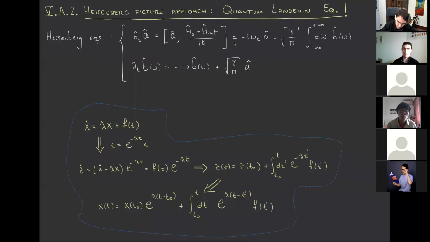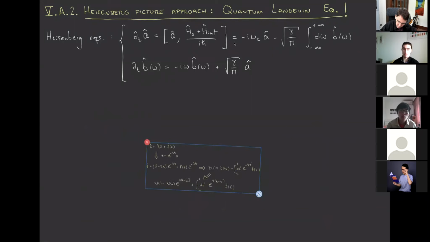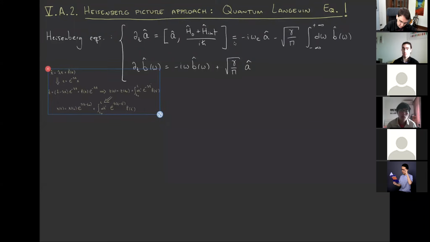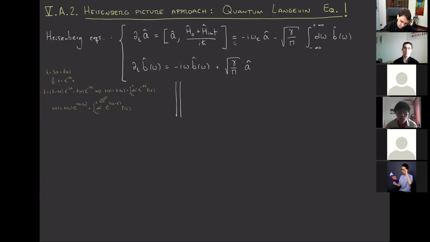So then let me just remove this from here. Let me make it small and bring it around, for example, here. Okay, so then if I use this solution, I can essentially integrate the second equation, the equation for the external modes, and I will find this solution. The mode of frequency omega at time t is equal to the mode of frequency omega at time 0.